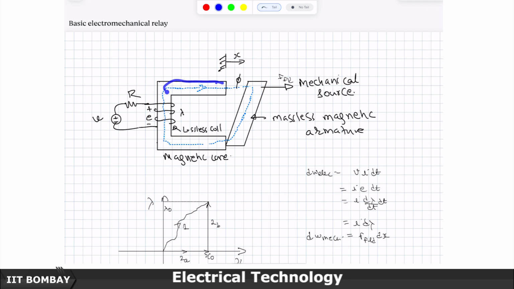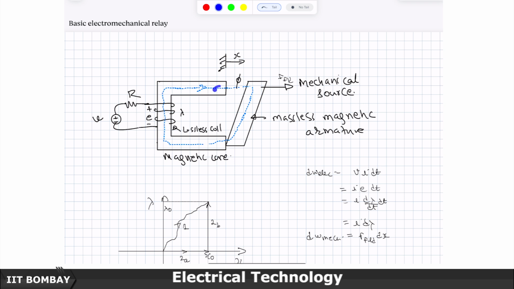This is a plunger kind of thing, hinged here. I have said that this is a massless magnetic armature. Basically, that means we are not worried about if it picks any velocity or whatever. Half of mv square will continue to be 0, and this will tend to set up a flux line like this, because we are assuming the magnetic core to be of infinite permeability.